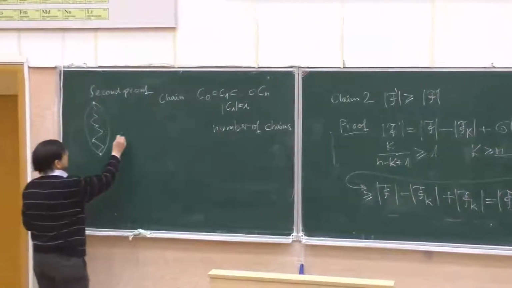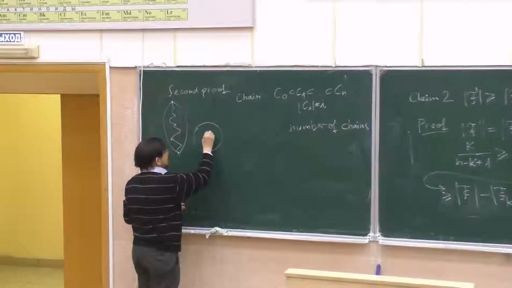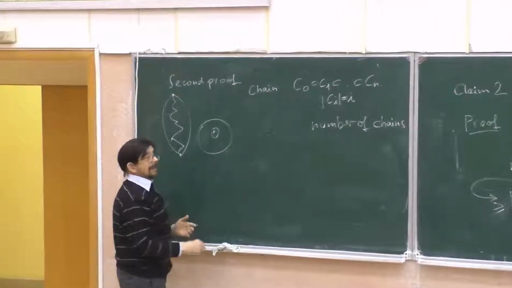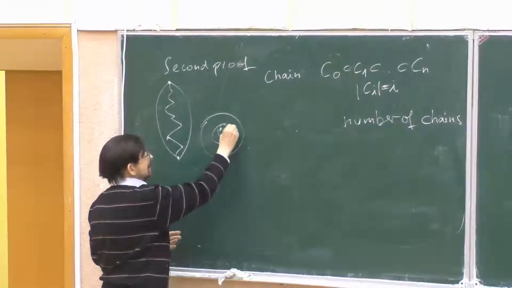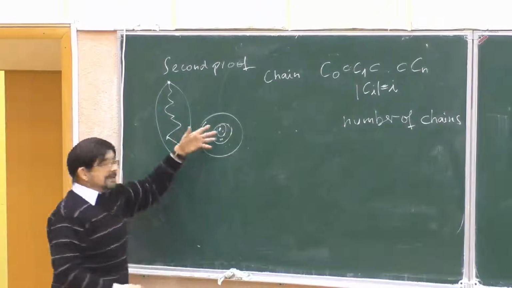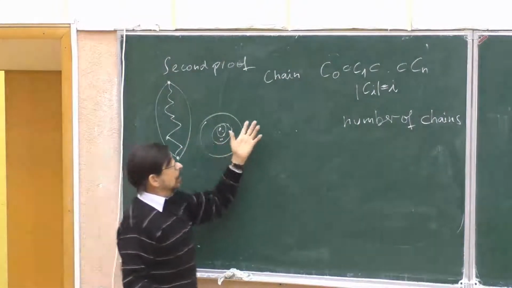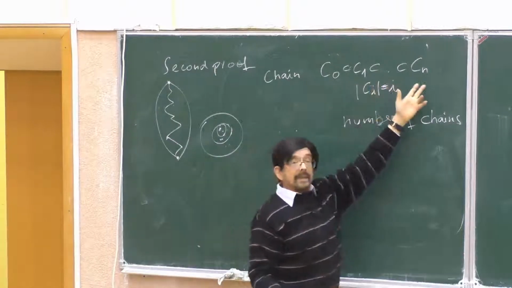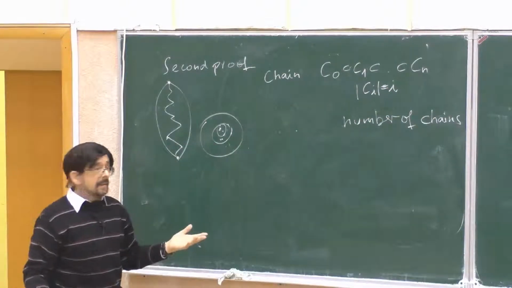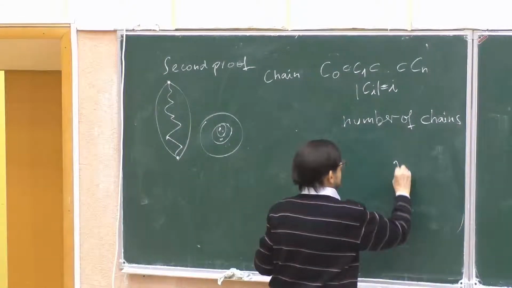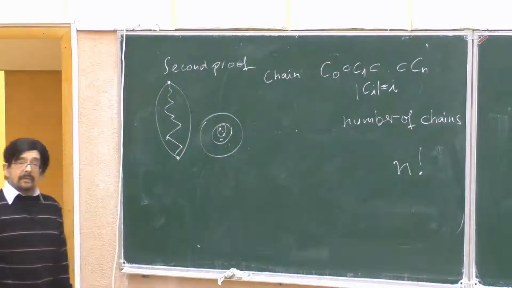Because what we do, we started from the empty set, and then we take a one element set, and then a 2 element set, and then a 3 element set. So always choose another one. So actually, we make an order. So this is an ordering of the ground set. So this is the total number of chains.